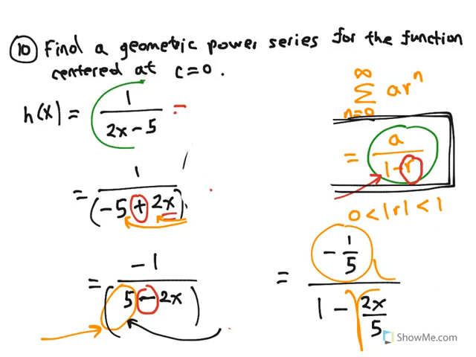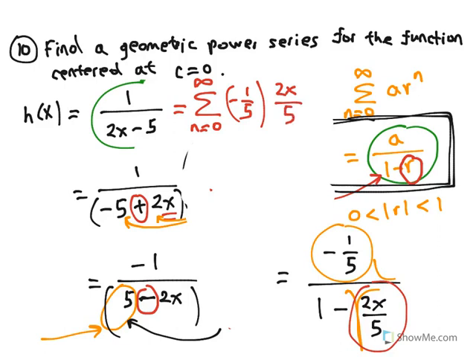So I'm going to do that right here. So this function is equal to this infinite geometric power series. A would be negative 1/5, and r would be what you see right here. It would be 2x over 5, and you're going to have to raise that to the n power.